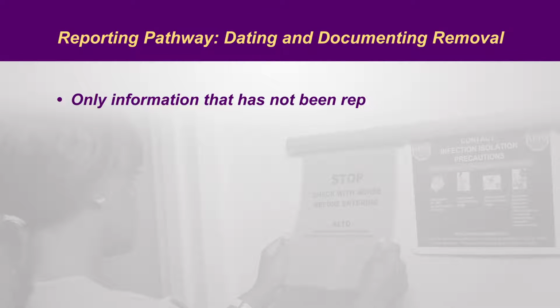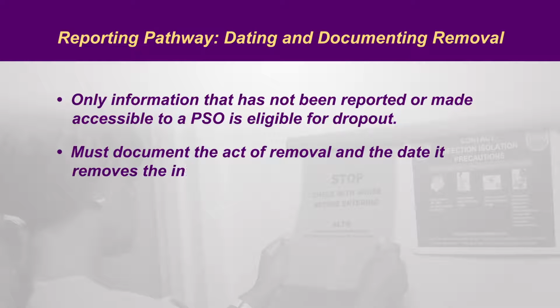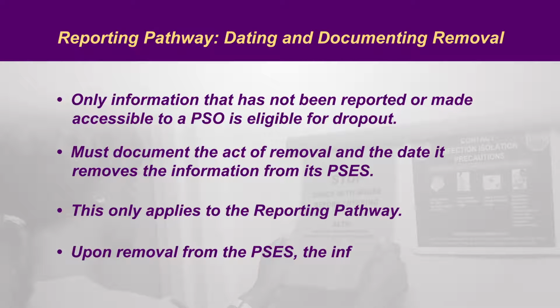Only information that has not been reported or made accessible to a PSO is eligible for dropout. The provider must document the act of removal and the date it removes the information from its PSES. This only applies to the reporting pathway. Upon removal from the PSES, the information is no longer PSWP.